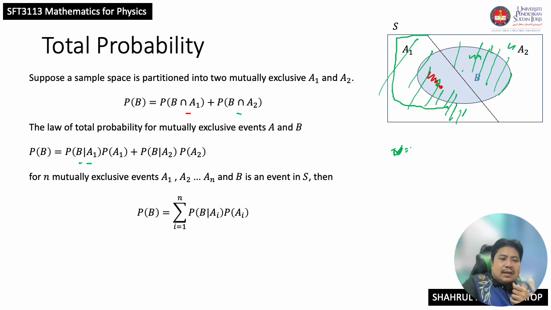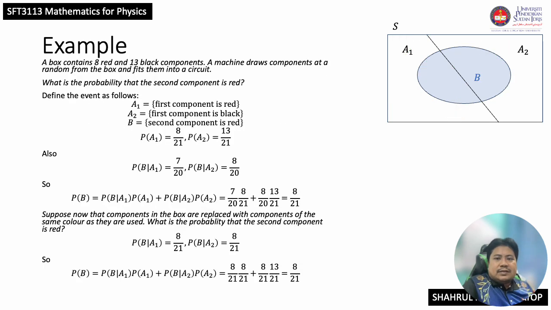That is the condition for mutually exclusive events. This is two events only, A and B. But if we have more A's, you can make a summation of the probability product between these two probabilities.